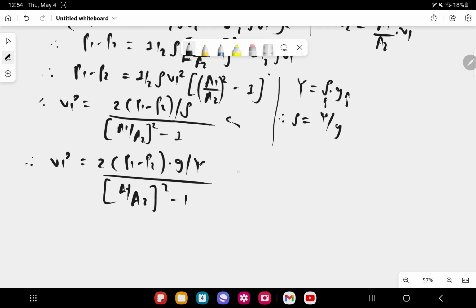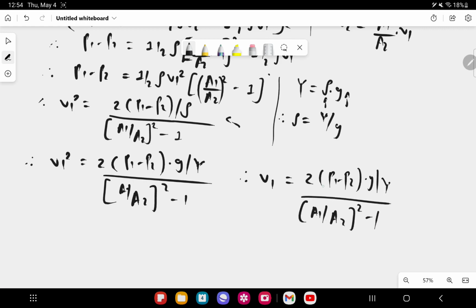Alright folks, therefore V1 is equal to [2 times (P1 minus P2) times g over gamma divided by (A1 over A2) squared minus 1] to the power of plus 1/2.